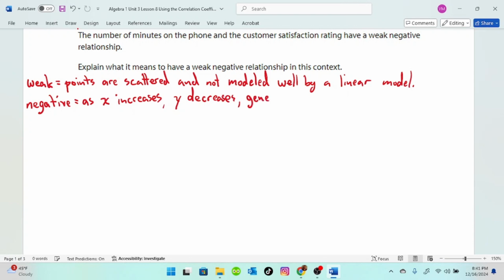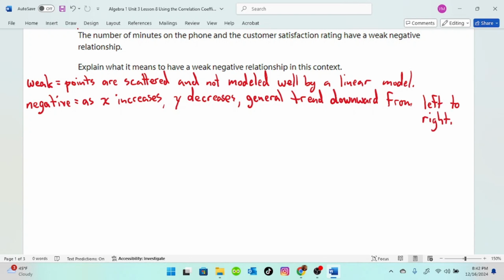This is a general trend downward from left to right.